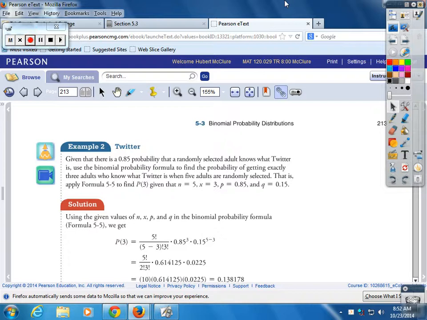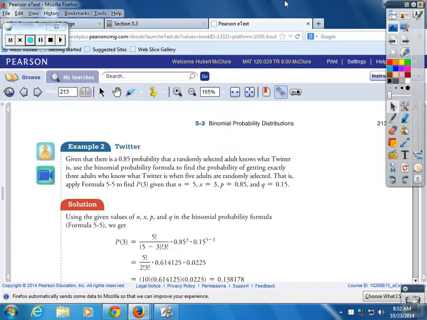Now what this means is, given that the research shows us that there is a 0.85 probability of an adult knowing what Twitter is, what is the probability of 3 adults knowing what Twitter is out of the 5? So that's 3 of 5. The research has given us this.